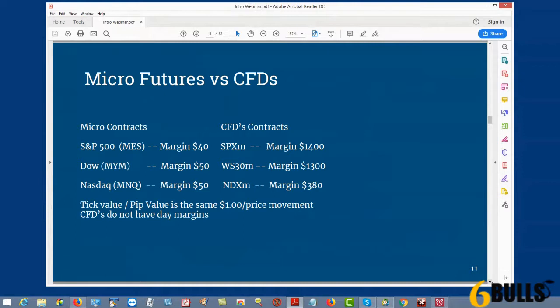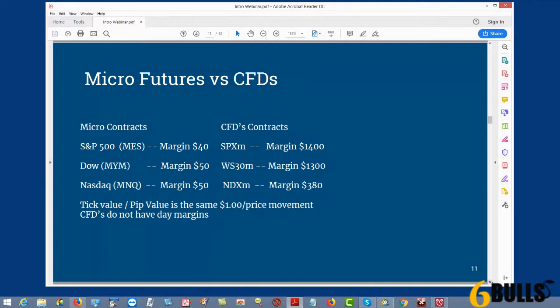But look at the difference in what you need to trade. And for the same tick value, $1 per price movement. So if you're going to trade a micro S&P 500, you need $40 margin, but on a CFD, you need $1,400.